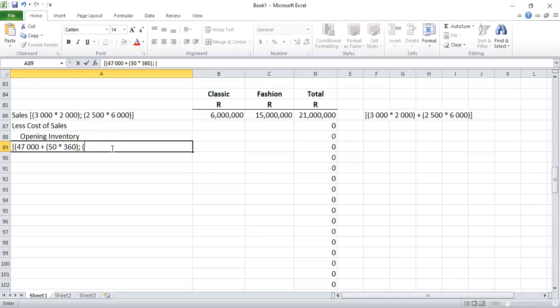Then for fashion, it is 20,000 plus the number of units, which is 20, multiplied by the fixed overhead cost per unit, which is 360.